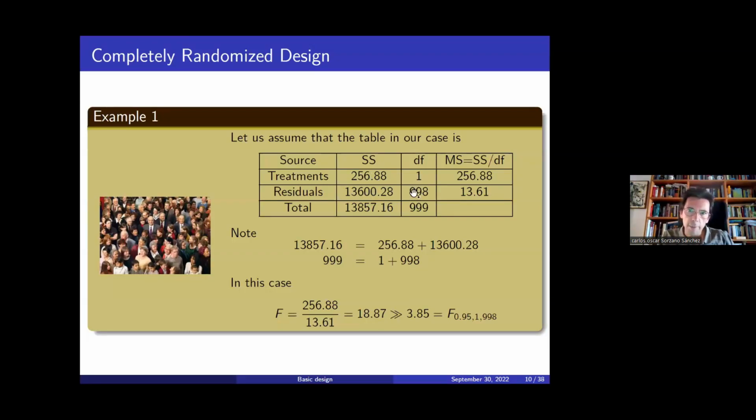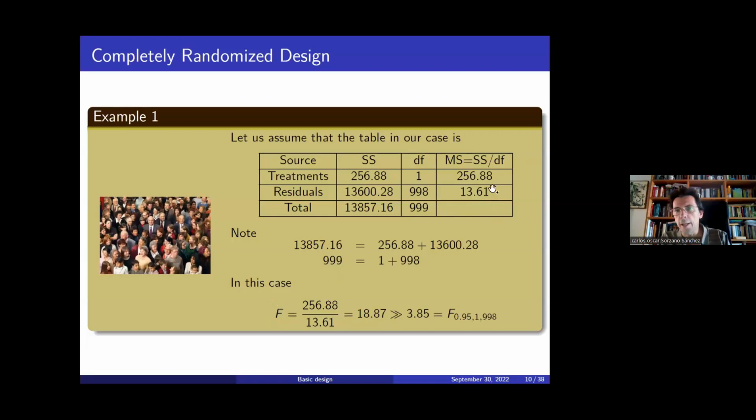So when you divide by the number of parameters that you have used to explain all this variability, it turns out that the treatments explain 256, and that is 256 divided by 1, and this 13,000 divided by almost 1,000 is 13. So a single parameter of the treatment explains much more than a single parameter of the residuals, and that is the comparison you are doing.